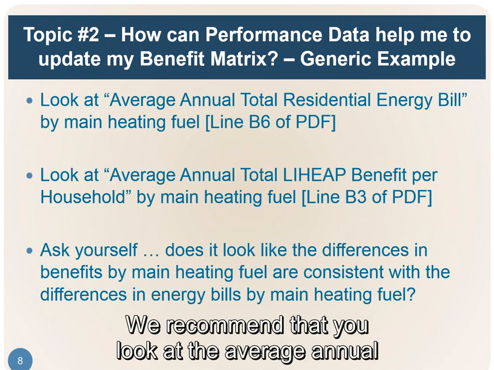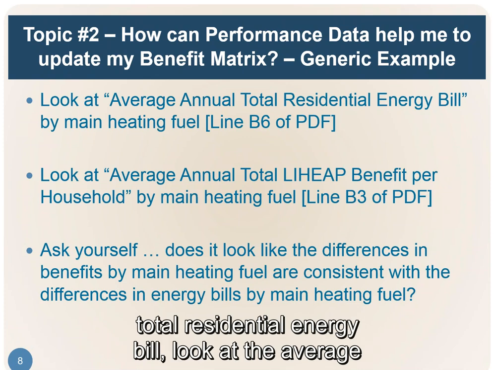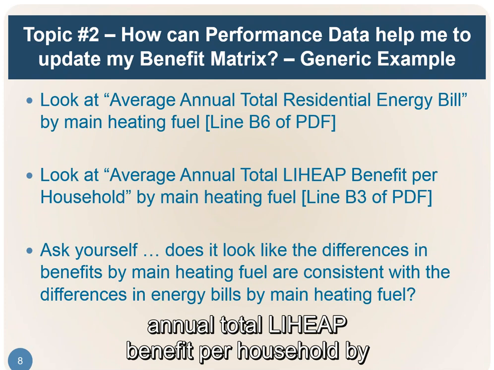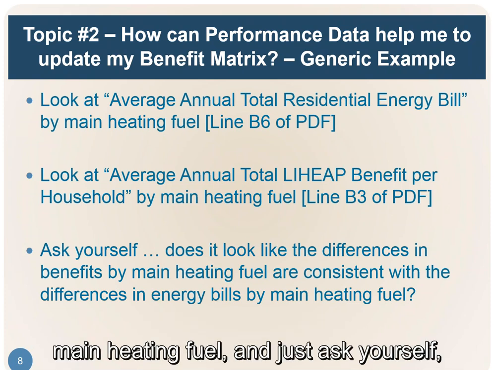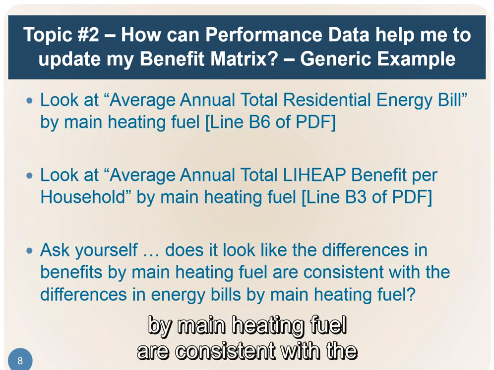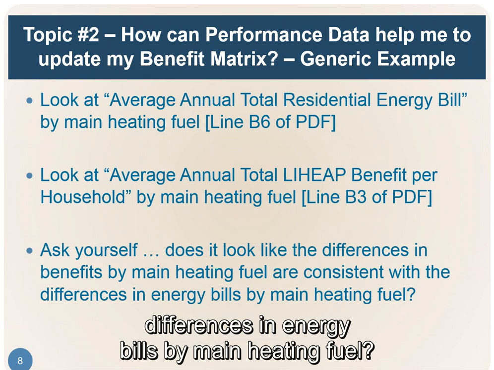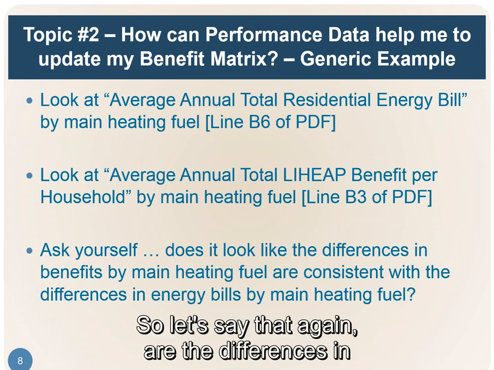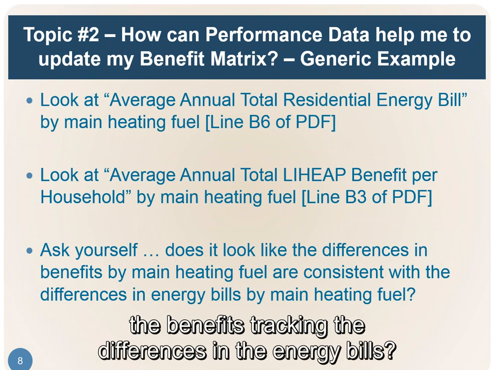Look at the average annual total residential energy bill, look at the average annual total LIHEAP benefit per household by main heating fuel, and just ask yourself, does it look like the differences in benefits by main heating fuel are consistent with the differences in energy bills by main heating fuel? So let's say that again: are the differences in the benefits tracking the differences in the energy bills?